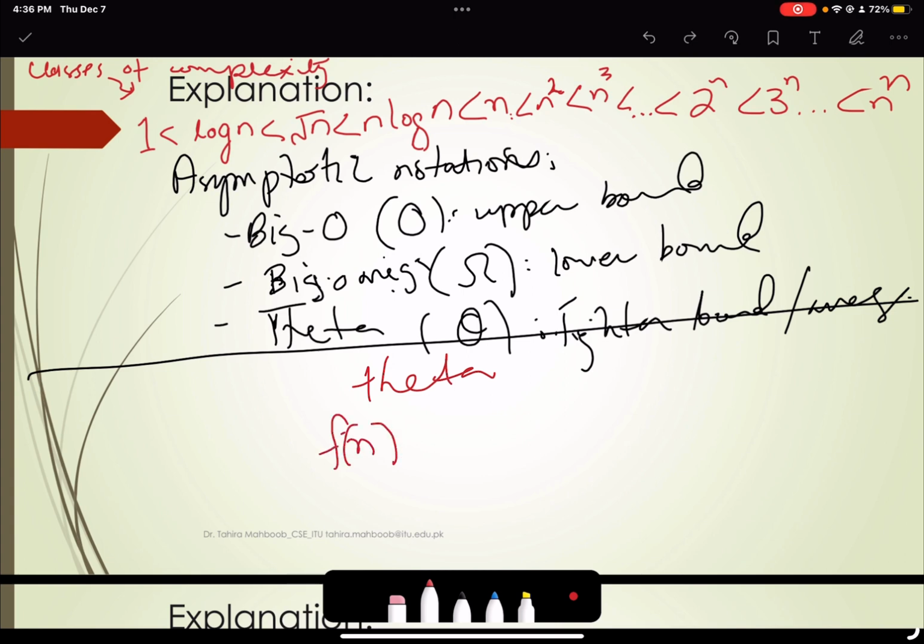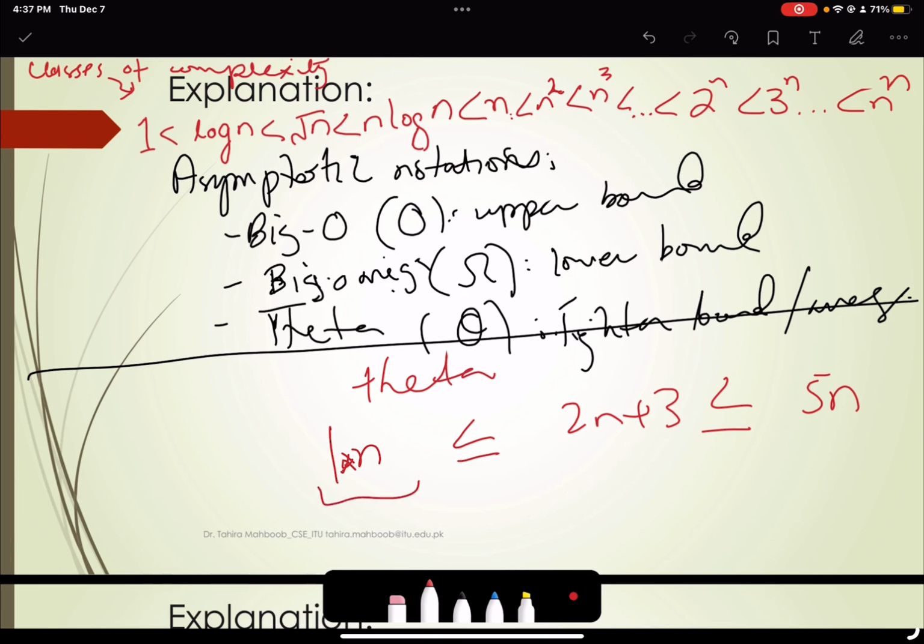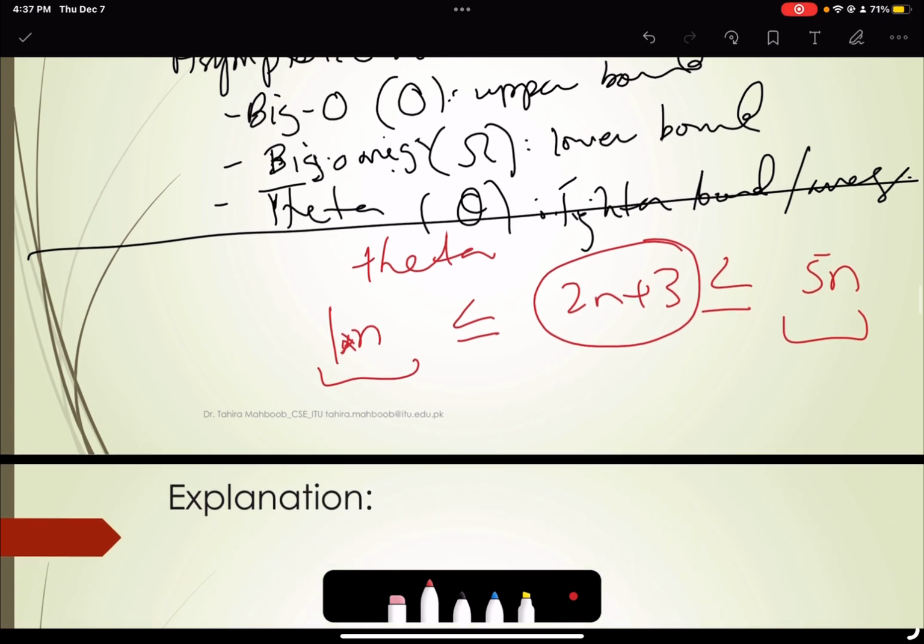Function f of n should be less than your 2n plus 3, and it can be represented as this. So we are limited between this and this. We have to find our theta.